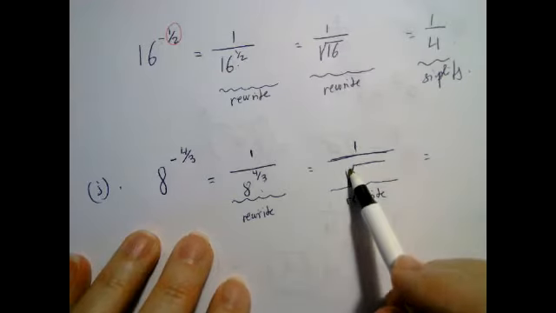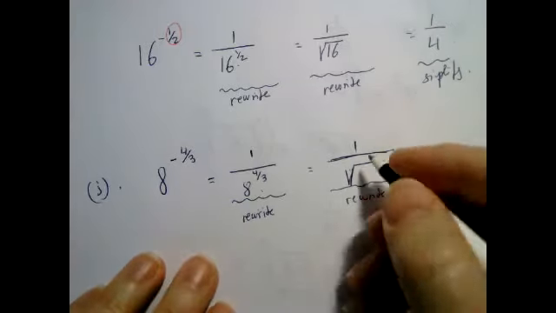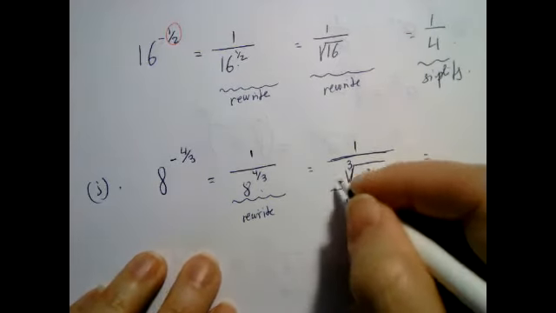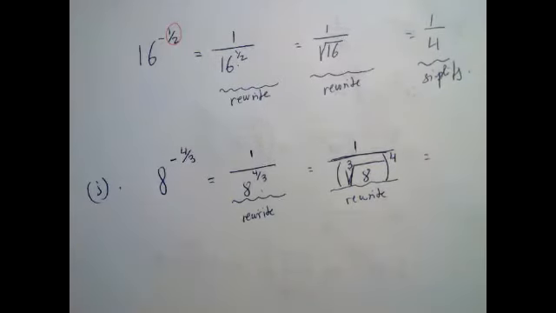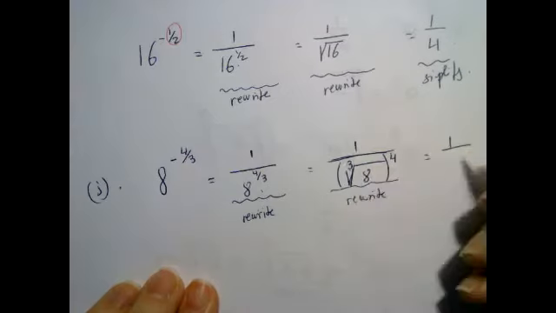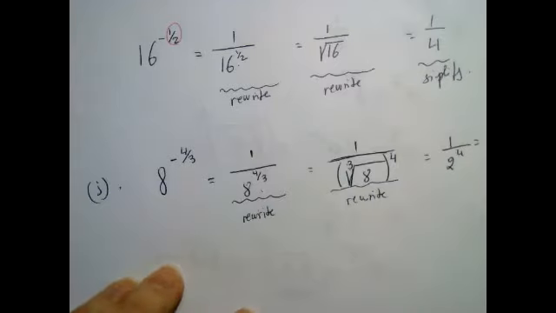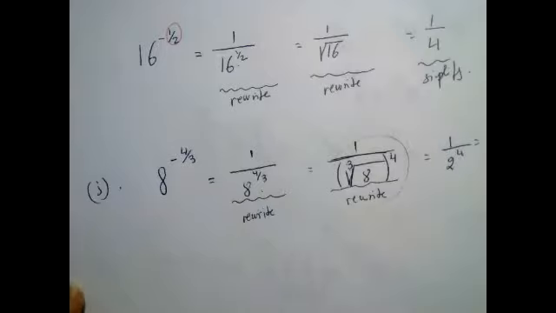Which root is this? That's the cubic root of 8 to the power 4. Now we fully have an understanding of what this expression is. And now I will get cubic root of 2 to the power 4, 1 over 16. Okay, that's the simplification. But that's really what I am after right now, so you understand this notation.